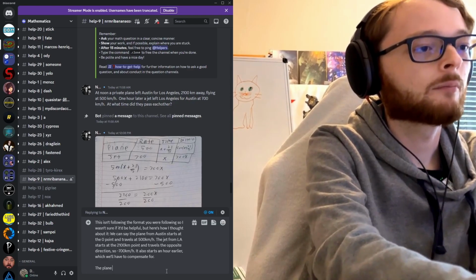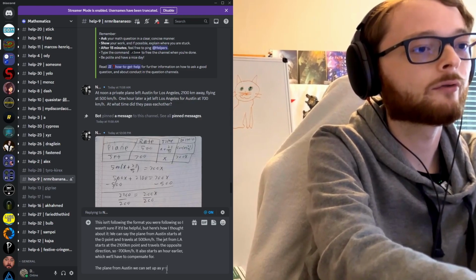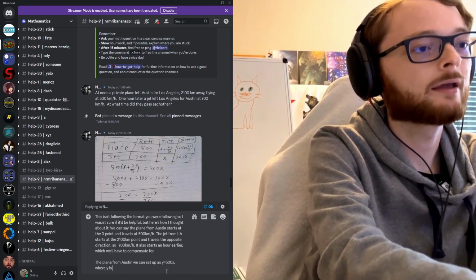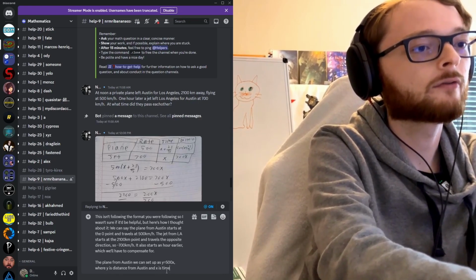The plane from Austin, we can set up as y equals 500x, where y is distance from Austin and x is time.